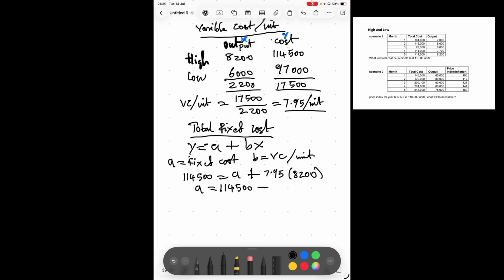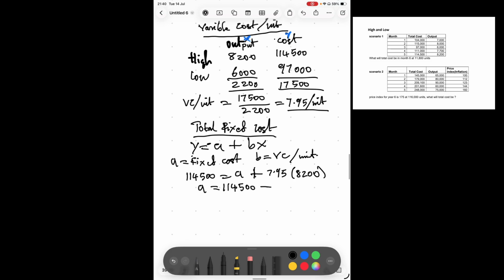Let me calculate this on my phone, my calculator is going off. 7.95 times 8,200 gives us 65,190.